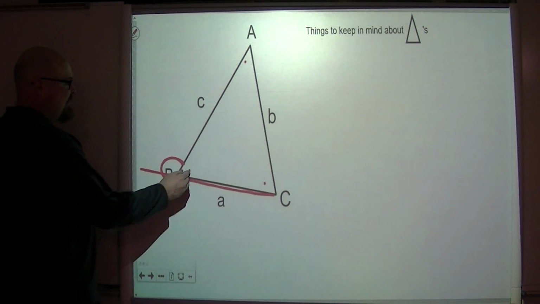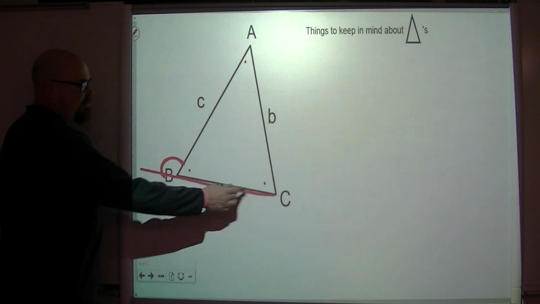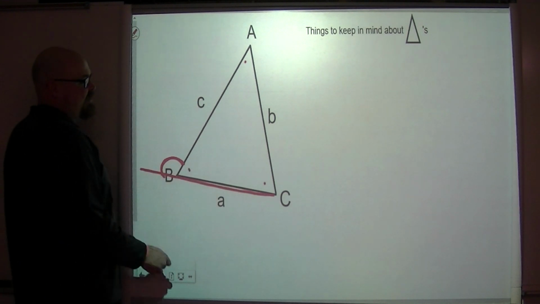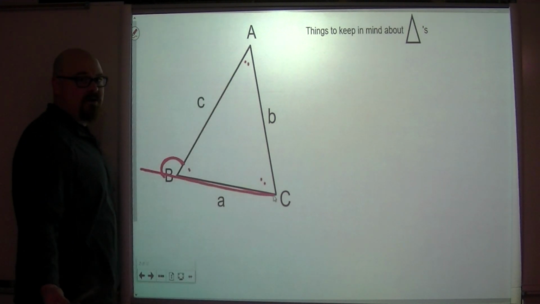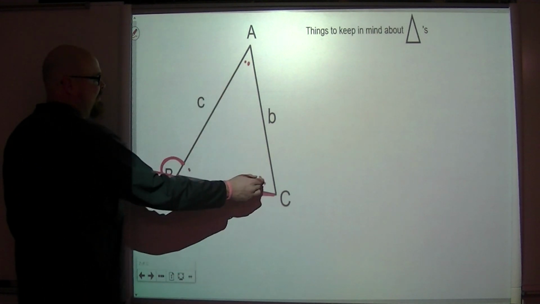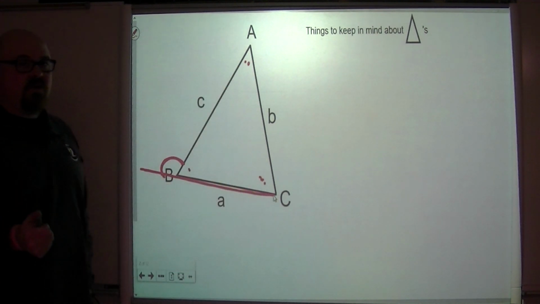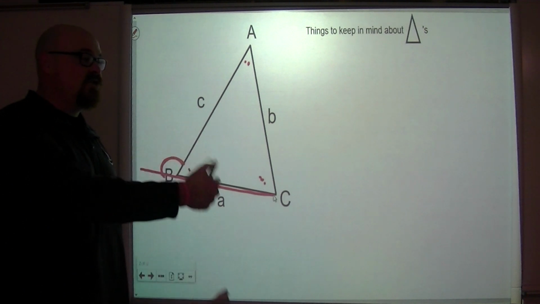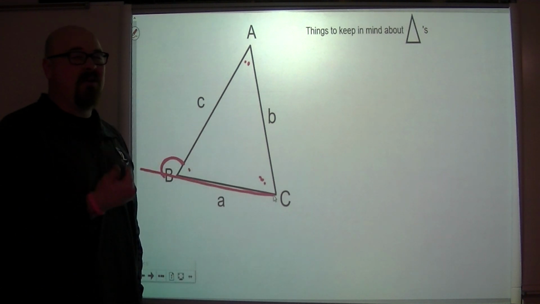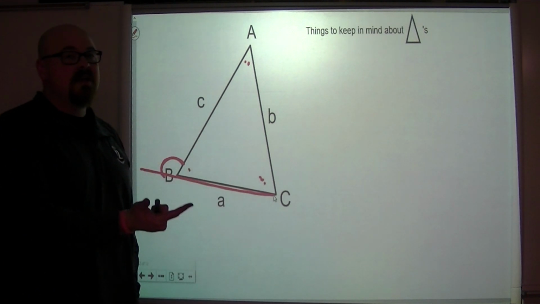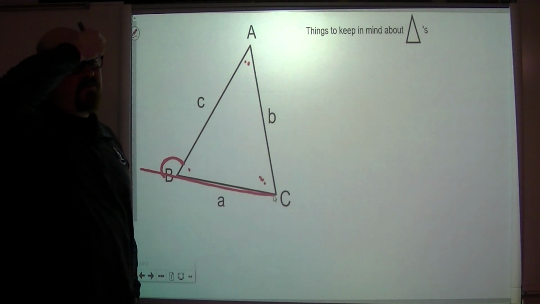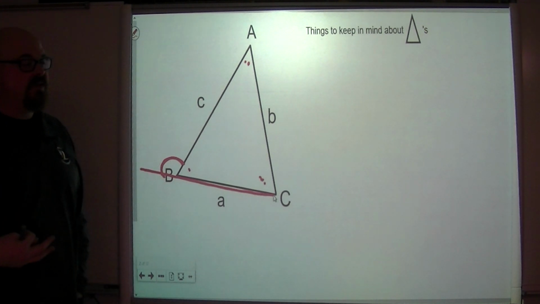For the same reason: this angle plus this angle makes up 180 degrees, and this angle plus these two angles make up 180 degrees, so the sum of these has to be equal to that. We're also going to rely very heavily eventually on what you remember about parallel lines and transversals in this topic when we start looking at some of the applications of this stuff.